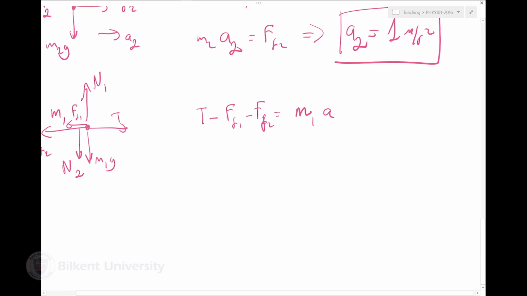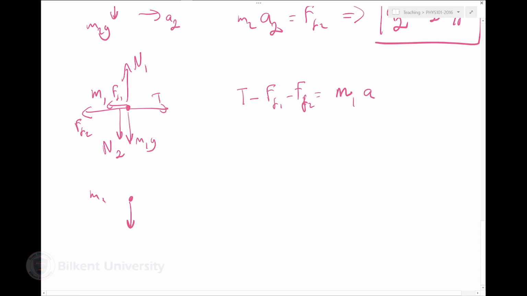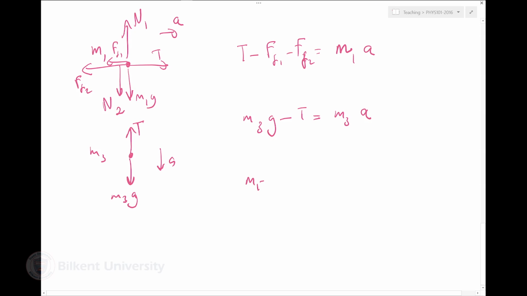And for the third mass, nothing has changed. I again have M3, going down with A. So M3G minus T is M3A. If I add these up, M1 plus M3 times A is, the tensions go away, M3G minus F friction 1 minus F friction 2.